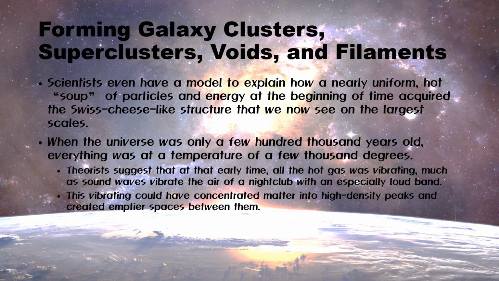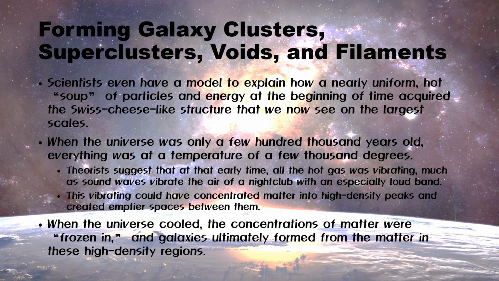Theory suggests that at that early time, all the hot gas in the universe was vibrating, much as sound waves vibrate the air of a nightclub when there is an especially loud band. This vibrating could have concentrated matter into high-density peaks and created emptier spaces between them. When the universe cooled, the concentrations of matter were frozen in, and galaxies ultimately formed from the matter in these high-density regions.